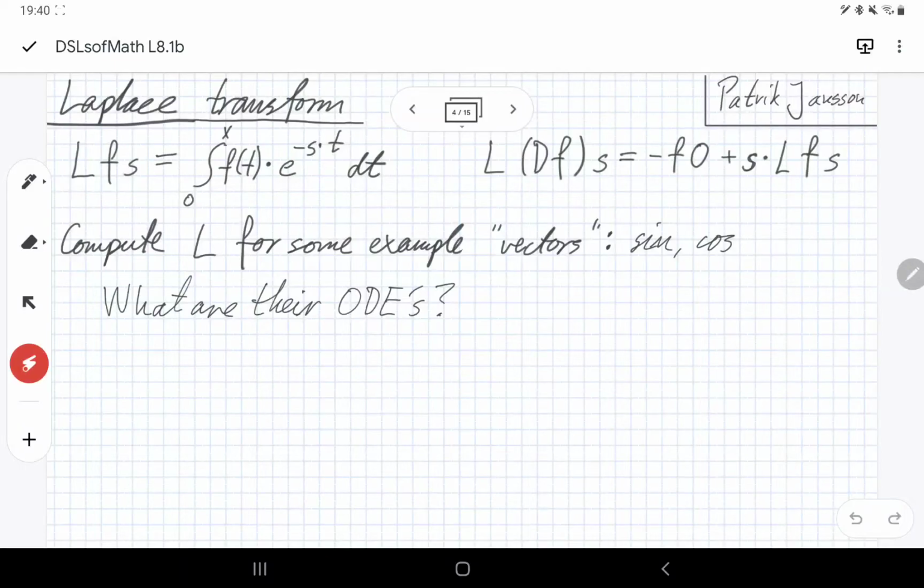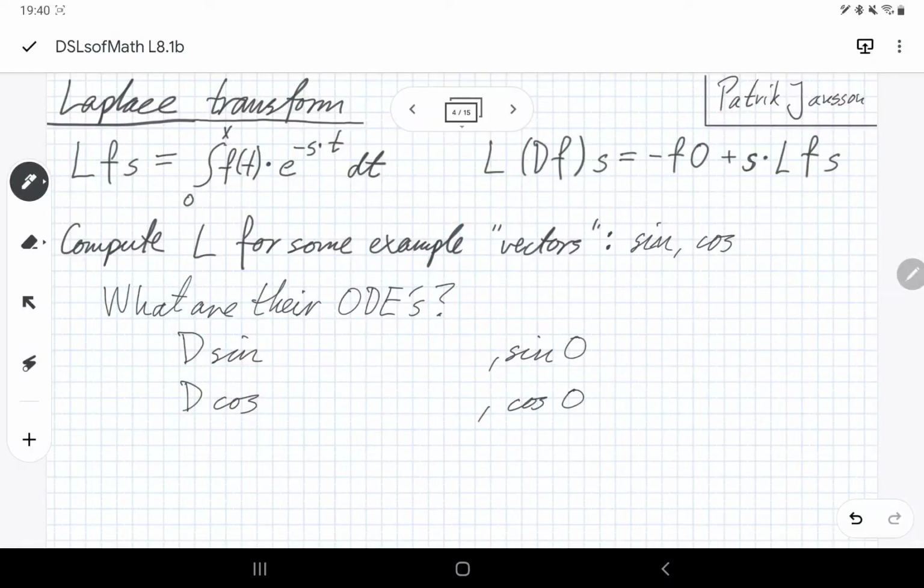So let's use that. But to use it, we need to start from the ordinary differential equation specification of sine and cosine. So we need to know what is the derivative of sine, what is the derivative of cosine, and what is sine at 0, and what is cosine at 0.